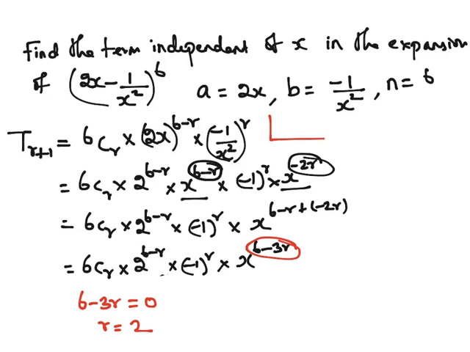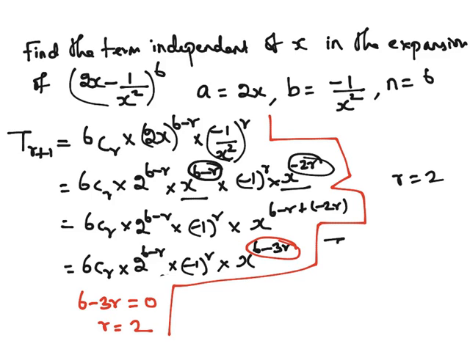So let me continue the problem here. So when I write, let's say, r equal to 2, I'll get T3 equal to, now replace r with 2. Now I have seen many students substituting r as 2 in this particular step.